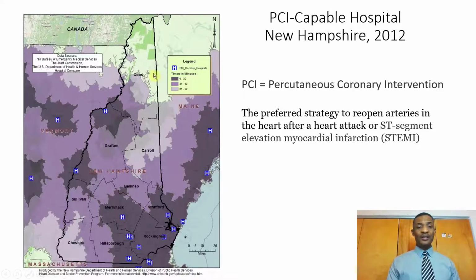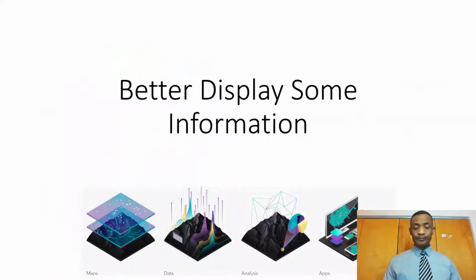Whereas if you're living in green areas away from the purple, you are over 90 minutes away from the closest hospitals who can provide you care in case of a heart attack. So this map allows you to locate those resources. Where do we have hospitals equipped to reopen arteries after a heart attack? So it allows you to locate resources.